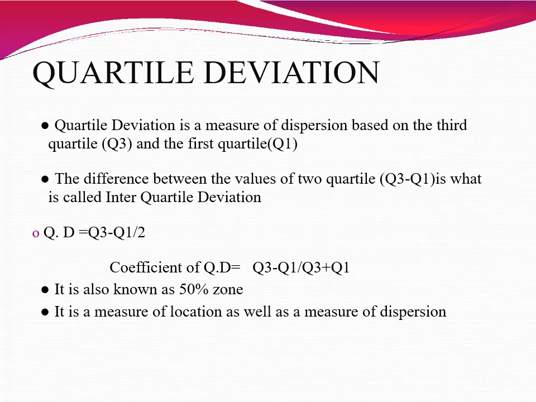The next absolute measure of dispersion is quartile deviation or semi-interquartile range. This is called a semi-interquartile range because with some modification to the range, the quartile deviations are brought into the picture.